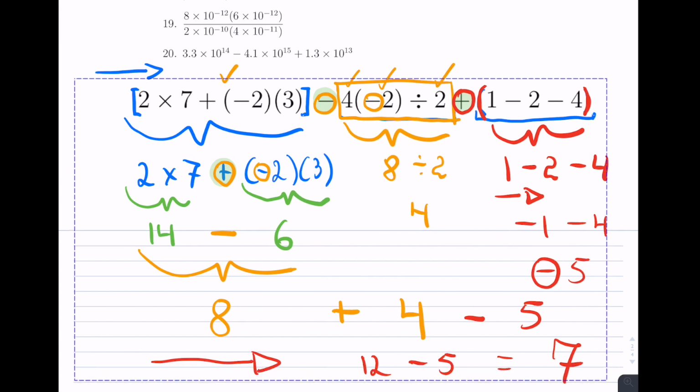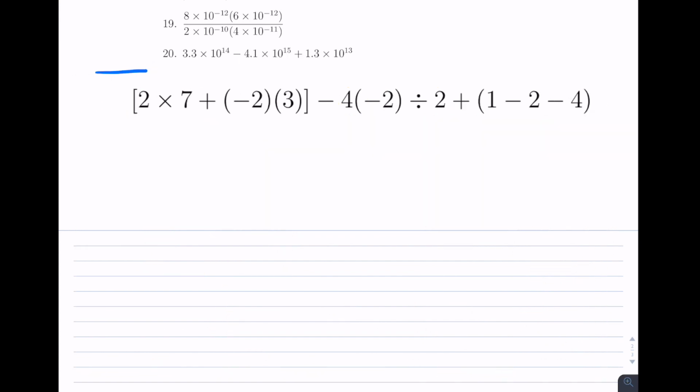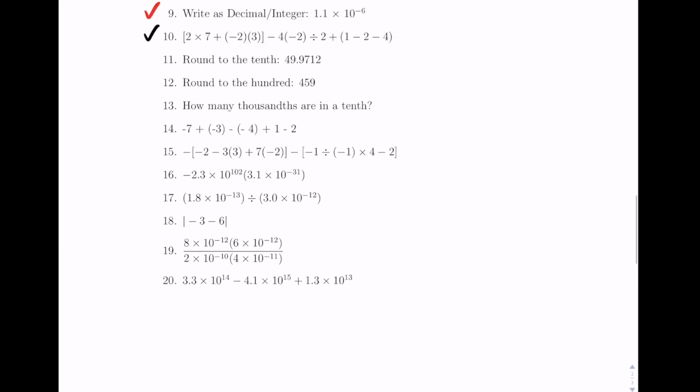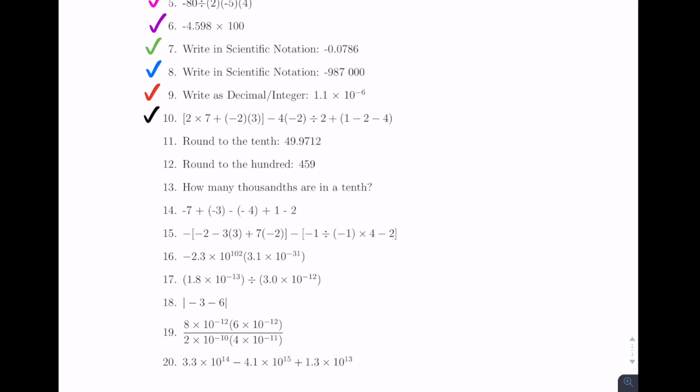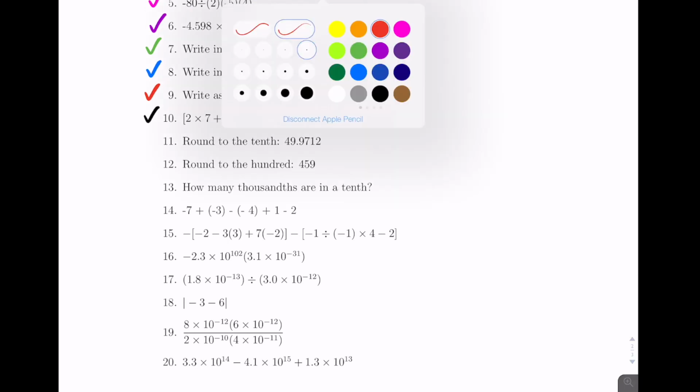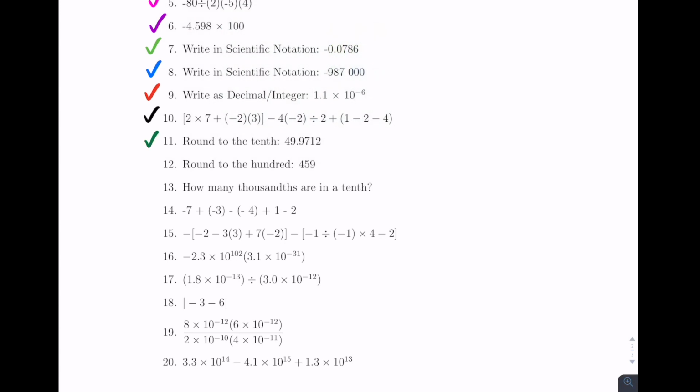Let's try another question. Question 11. Round to the 10th. Well, I have to know what the 10th is. The 10th is right here. I look only at the number next to it. It's a 7. It's more than 5, which means this 9 is going to go up by 1.